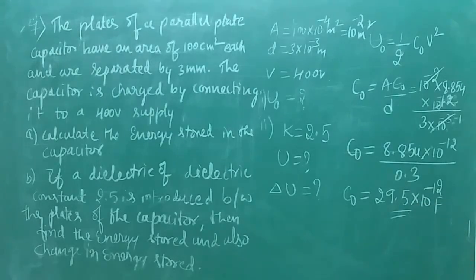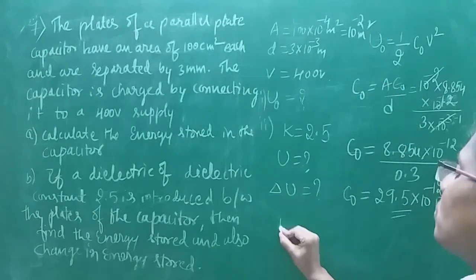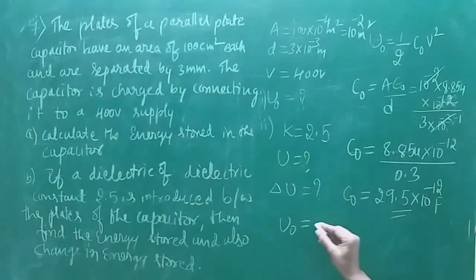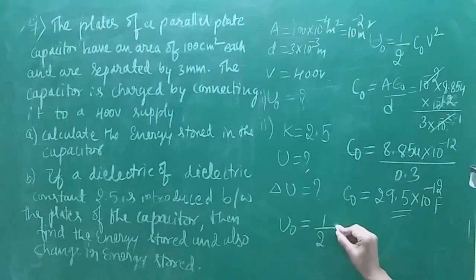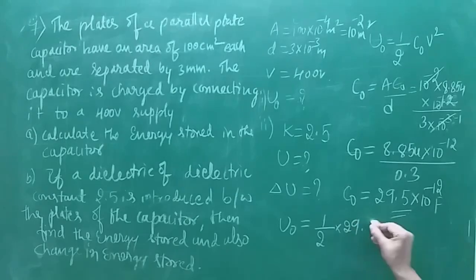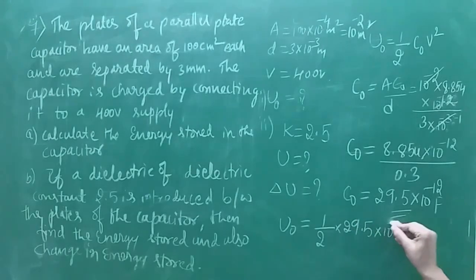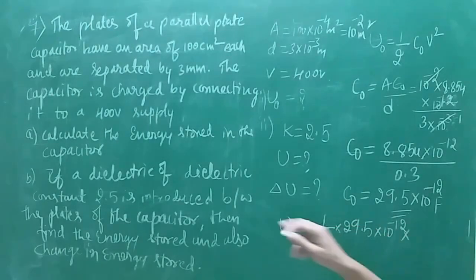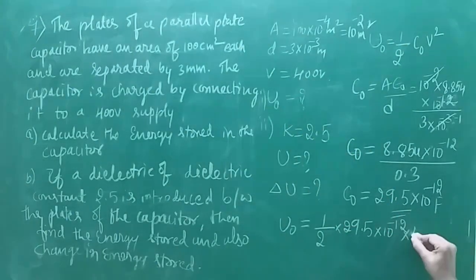Then we need to calculate the energy stored. Energy stored U naught is equal to half into C naught, which is 29.5 into 10 to the power of minus 12, into V square, where V value is 400, that is 400 whole square.